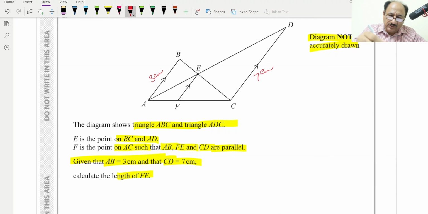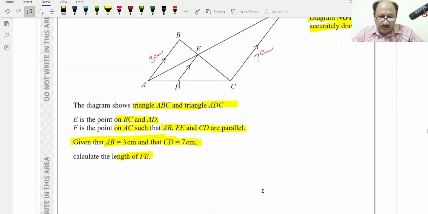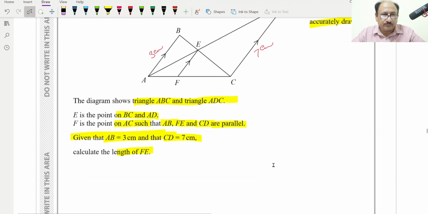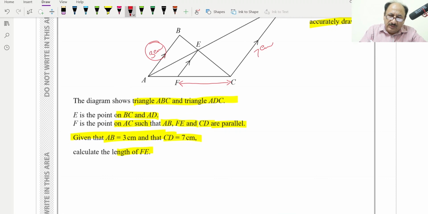FE length is required, and FE length is this length which is required. So we'll be checking this. We can write two equations. One is FC multiplied by this side will be equal to AF multiplied by 7, so by theorem we can write.